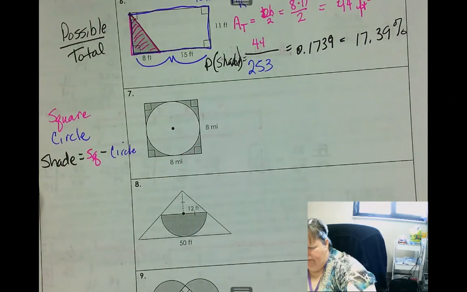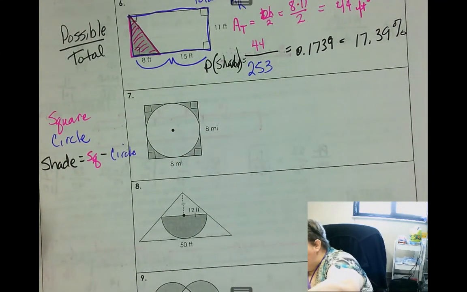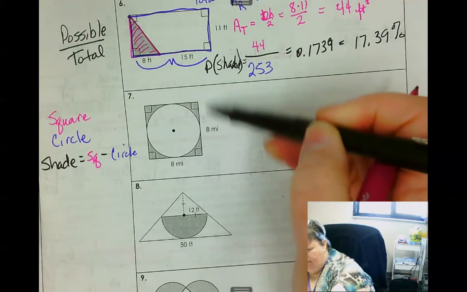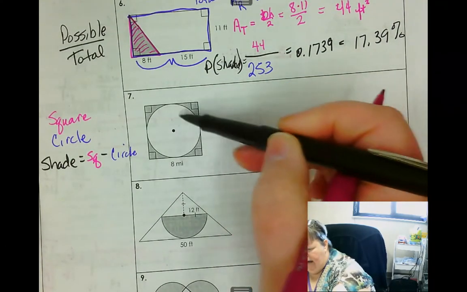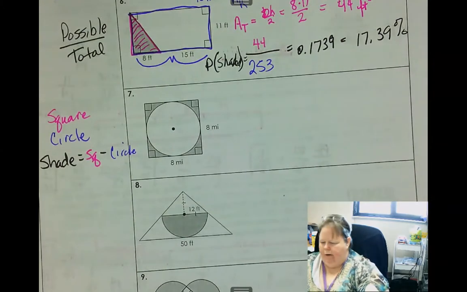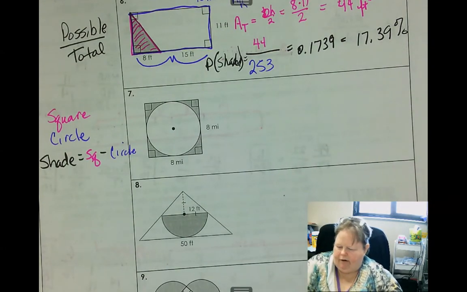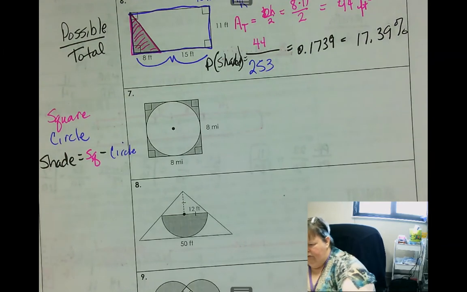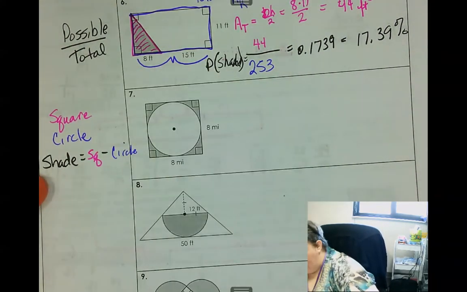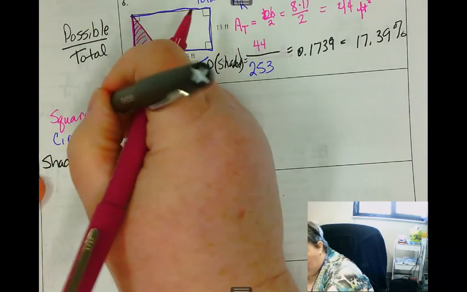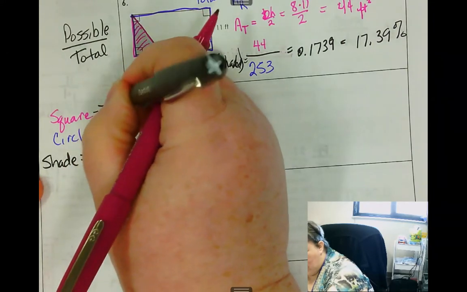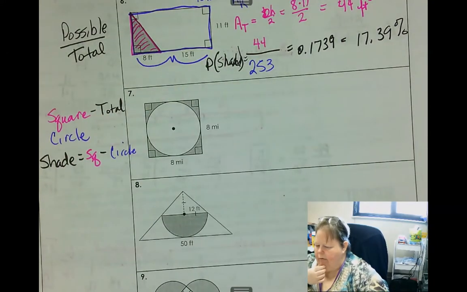That makes sense? Because we have the total square, with the circle taking up most of the square. So we're going to find the square, the circle, and the shaded region first. And the square is our total, because it's the biggest area there.